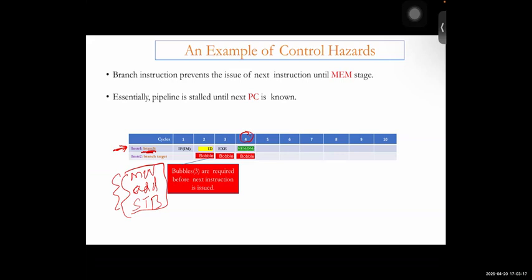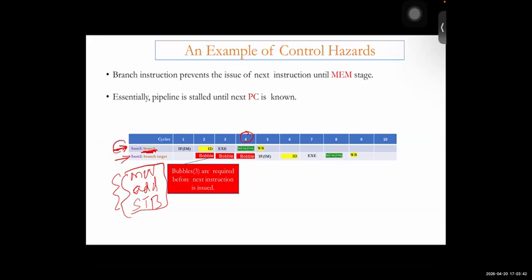But at the end of this fourth stage, if the program counter is updated, the branch will not be taken and the program counter is updated with the address of this instruction, then that will be allowed inside the pipe. And then the next sequential instruction continues its execution.